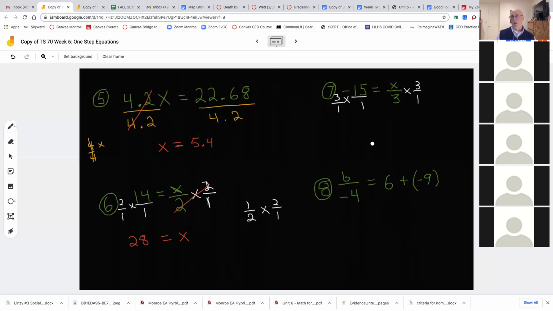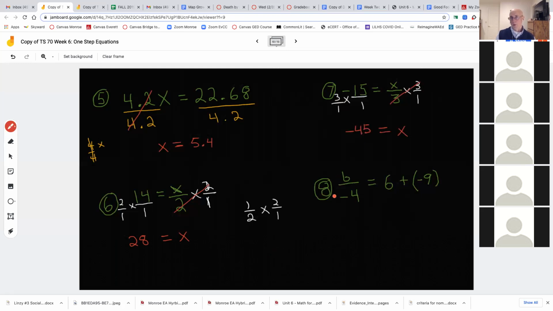That will allow me to cancel these out, and I now have x, because this is just like x over 1, which is just x, okay? Equals, and then I got 3 times 15 is 45, and it's a negative 45, okay?